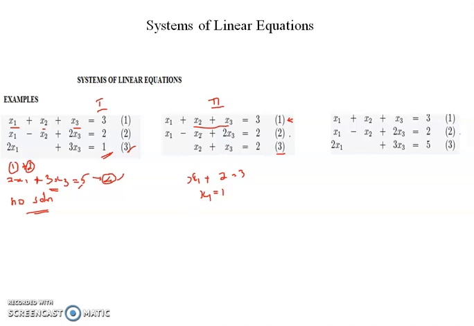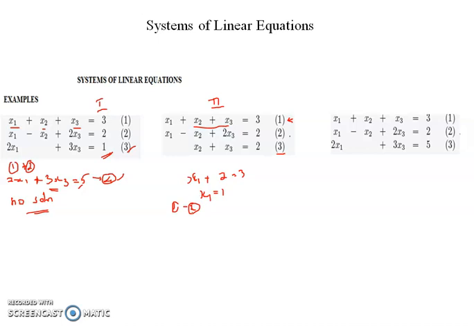Now next you need to get the value for x2 and x3. So for that, subtract the equations 1 and 2. Okay, no need to subtract, you can just add the equations.